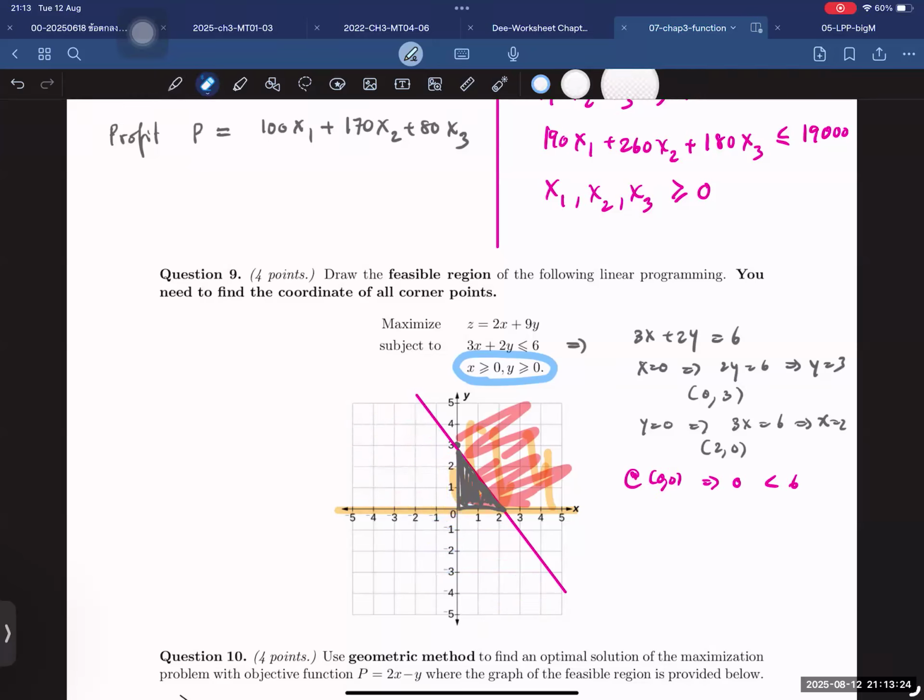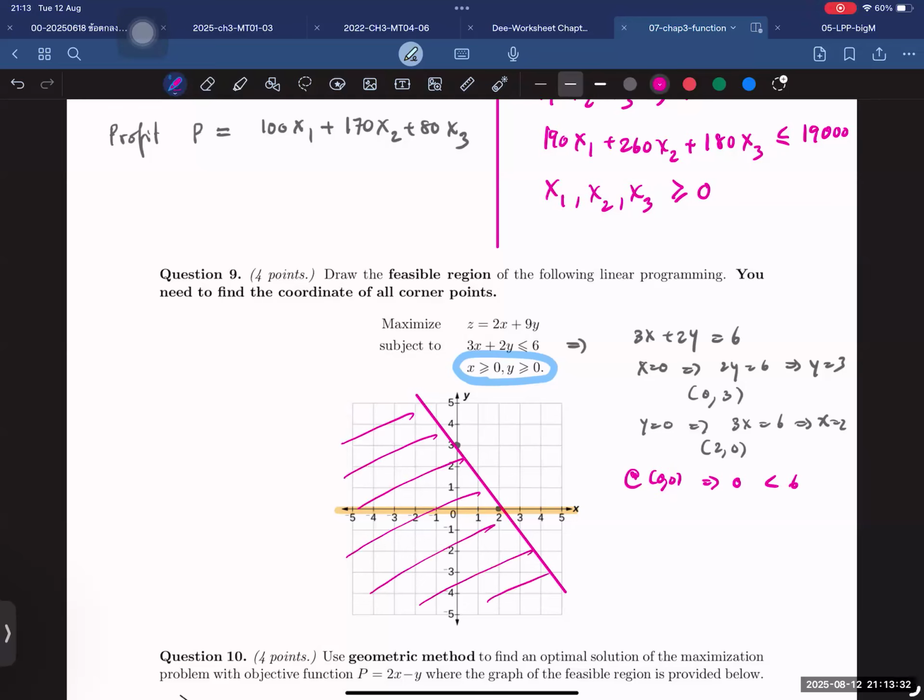So let me just use the shaded area like this. Okay, this one, and we want y greater than 0, so we want this one, right? And we got x greater than 0, so it should be this one, and the region that intersects would be this one.